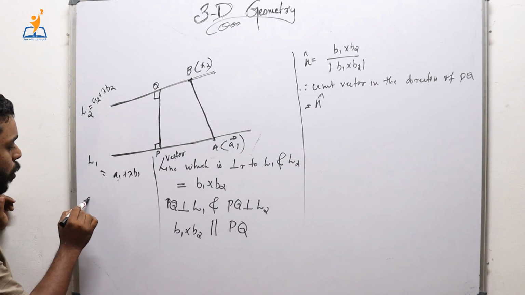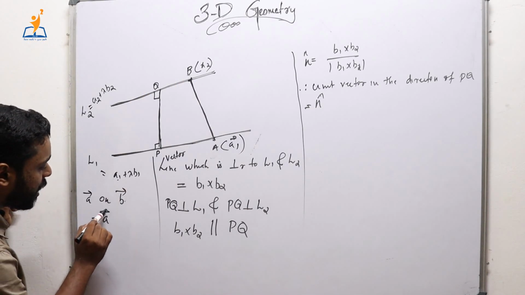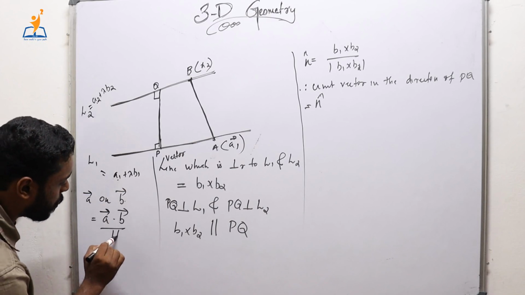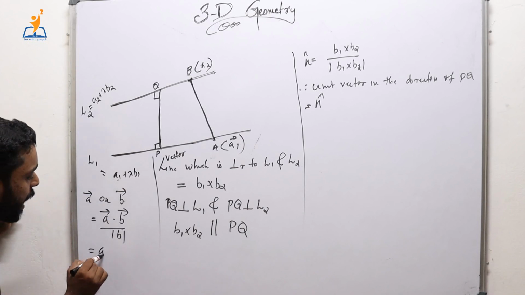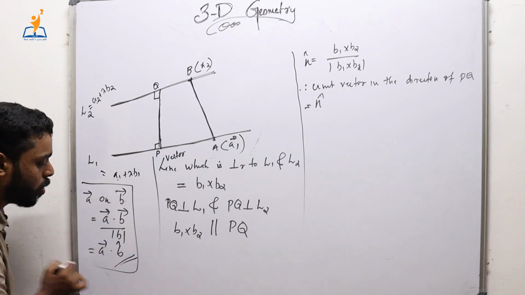We know that the projection of the vector A on B is given by A dot B divided by mod B, right? It is equal to A dot B cap. We have learned this in our vector algebra classes.